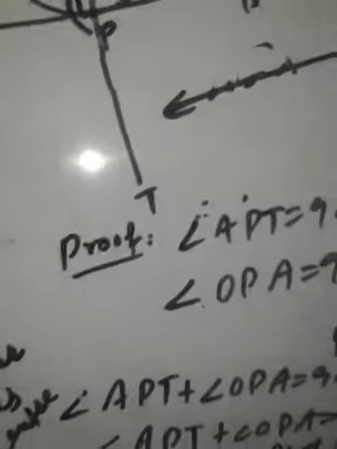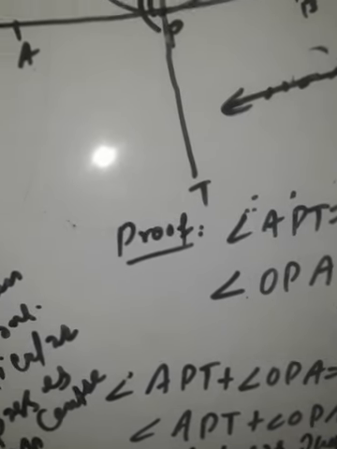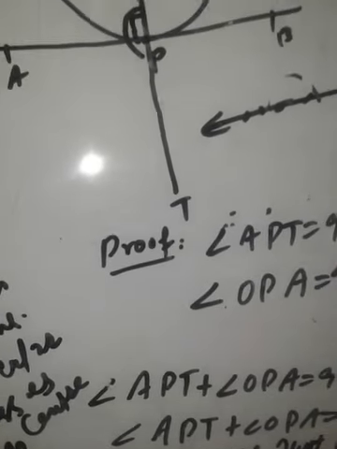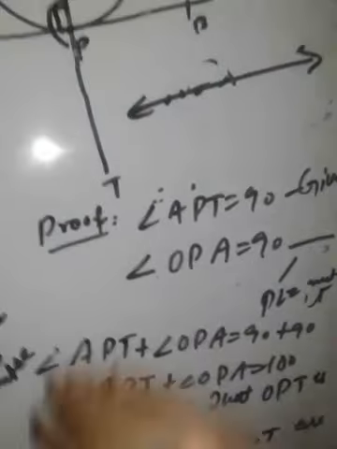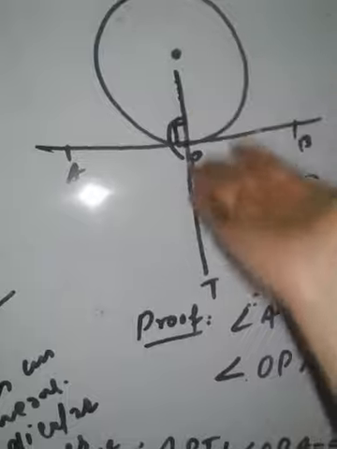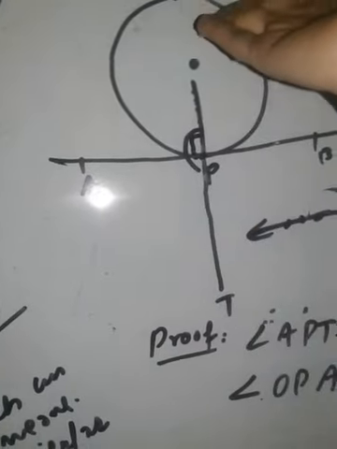So I hope you will get it. It is a very simple question. The concept behind it is that you have to prove that OPT is a line, or that they are collinear. If this is a line, then definitely PT will pass through O.